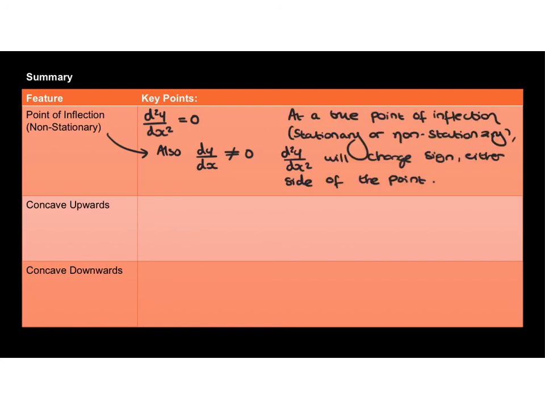And that leads us on to the last 2 points here. When a curve is concave upwards, we know that d2y by dx squared is greater than 0, and when a curve is concave downwards, we know that d2y by dx squared is less than 0. And we know that curves will transition from concave upwards to concave downwards if there are any points of inflection, stationary or non-stationary.